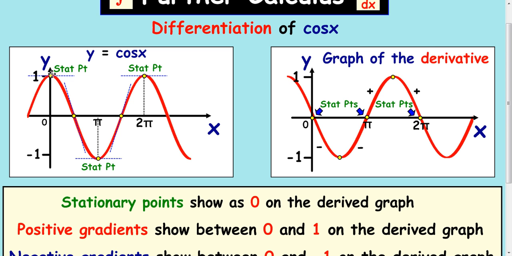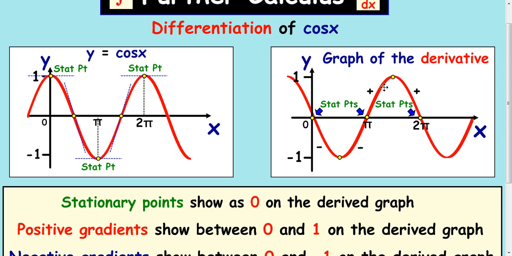Now, between these two values here on the cos wave, we have a negative gradient, so we'll start off going down, going under the x-axis. We're still negative up to pi, so in the graph of the derivative, we're still negative up to pi. After pi, and all the way to 2 pi, you're in a positive gradient, it's going uphill. So after pi we're positive, and then back to 2 pi we're still positive.